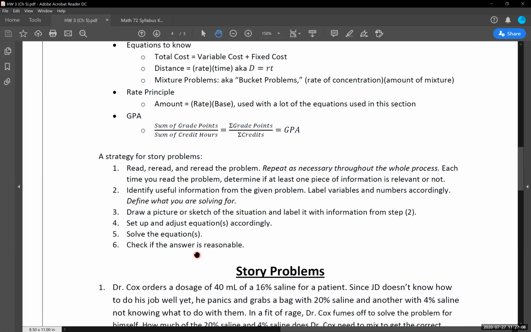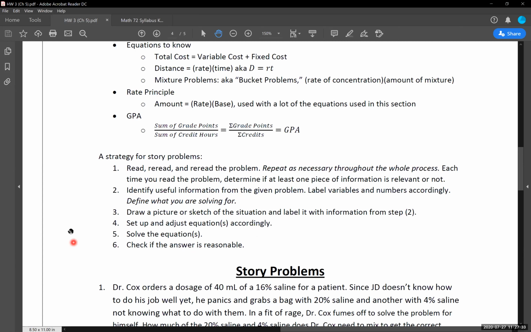Is that reasonable in the context of the problem? Can I travel a negative distance? And no, we can't. So something went wrong on either our setup, how we solved this thing, the equation that we set up for ourselves, maybe the picture that we drew was incorrect, maybe we've identified wrong information. Slowly backtrack and see where the error showed up.